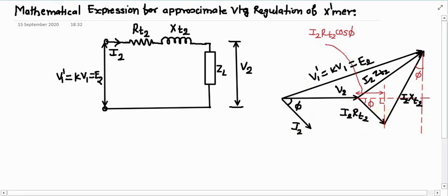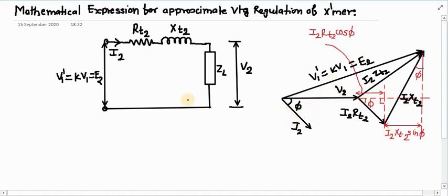Similarly, what is this length? If I put a perpendicular from this also, this is your phi. So this will be your I2 XT2 sine of phi.